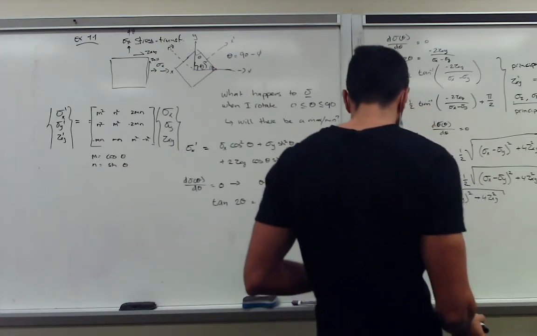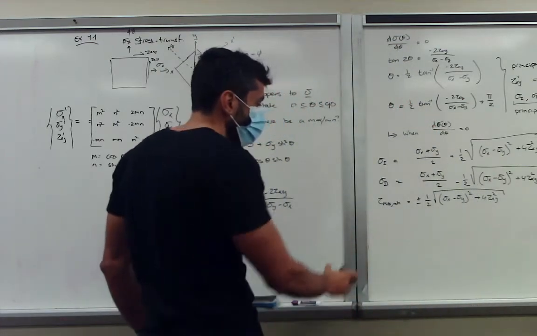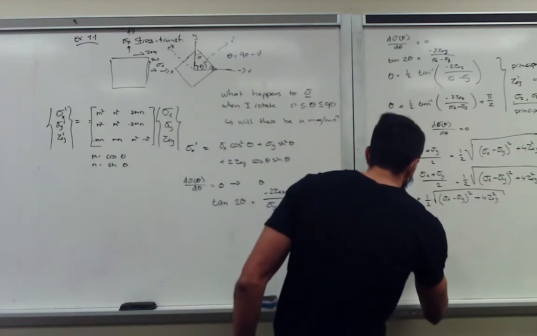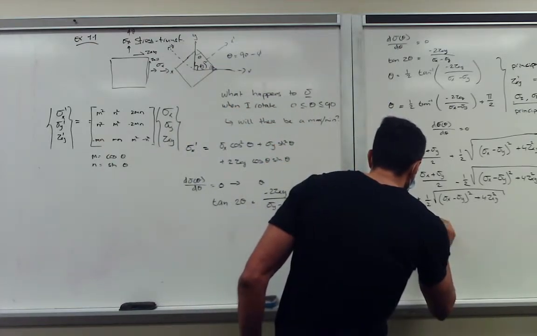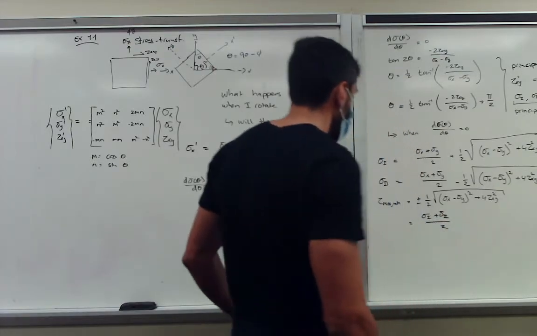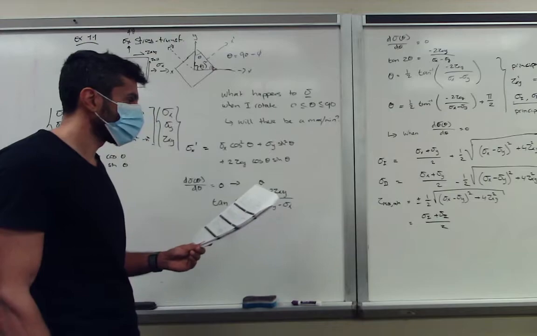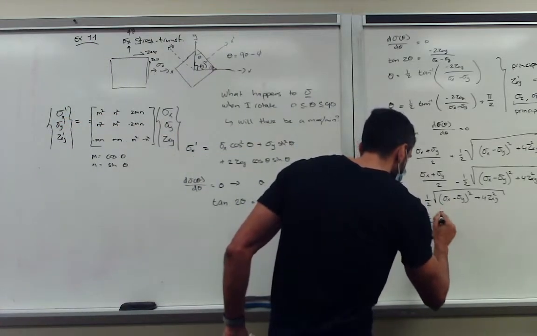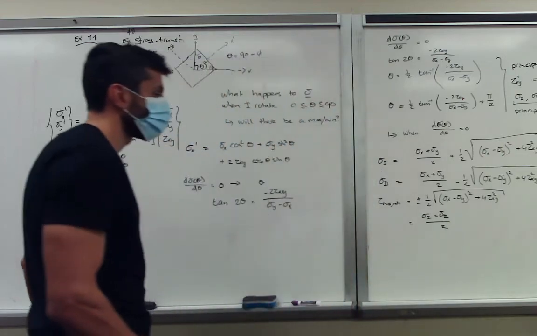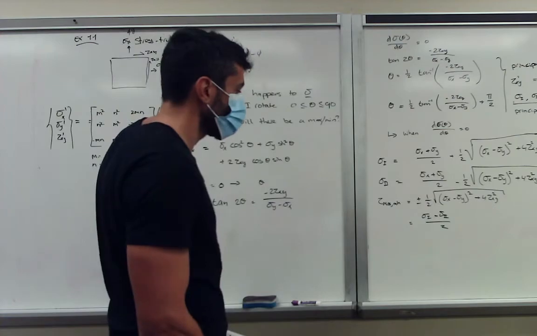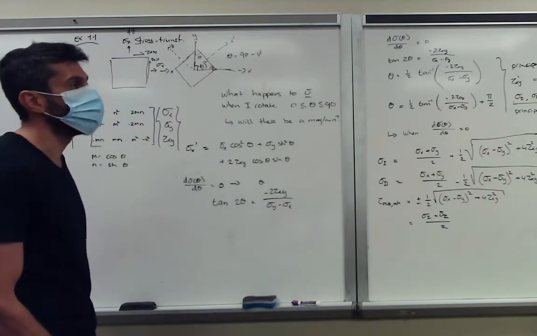Okay, so that's where our maximum stresses occur. And that is the same as saying sigma 1 minus sigma 2 over 2. No, this should be minus, sorry. So that gives us our three principal stresses.